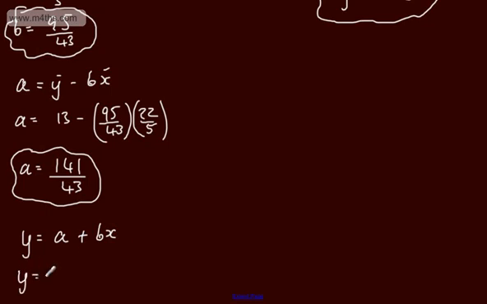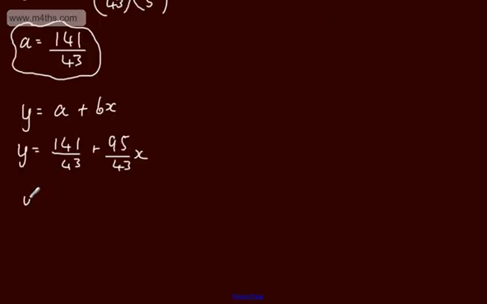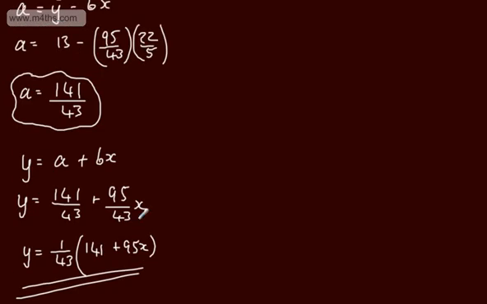So y is given as 141 over 43, plus 95 over 43x. And if you wanted to tidy that up, you could write it as y is equal to 1 over 43, then 141 plus 95x. And that would give us the equation that we're looking for.